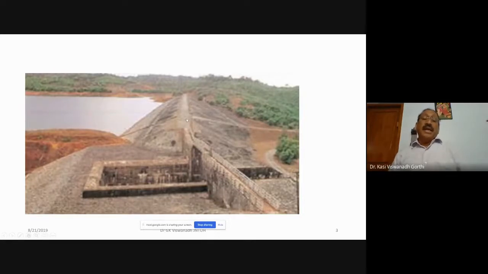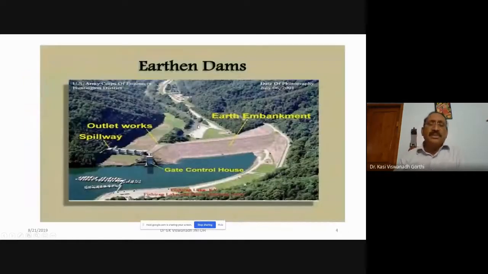For a gravity dam, contrary to that, it may have a slope on the vertical side, or it may be fully vertical also on the upstream side. The face may be fully vertical, or it may have a batter on the upstream side after a certain depth. But for the earth dam, you have the batter, the slope, both on the upstream side as well as on the downstream side.